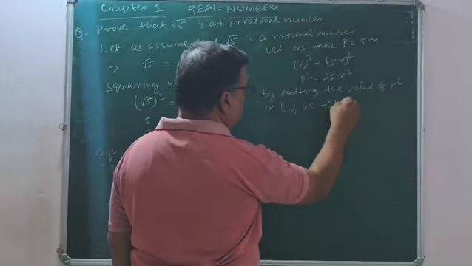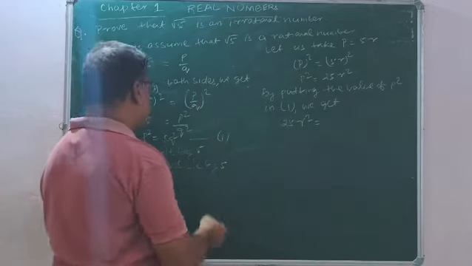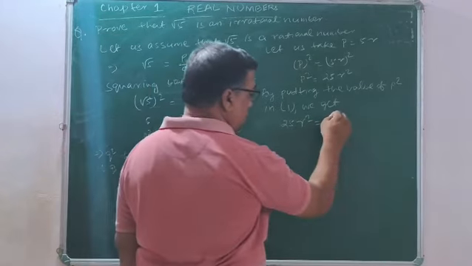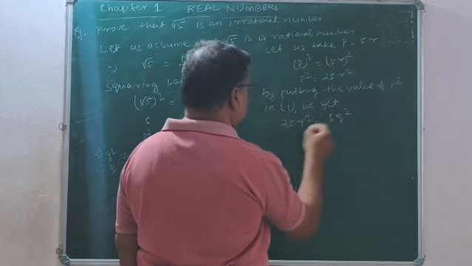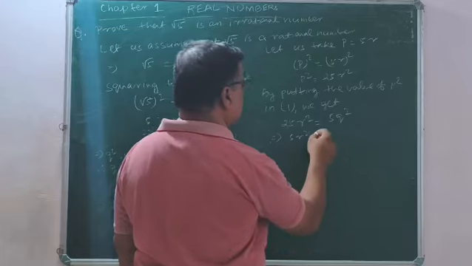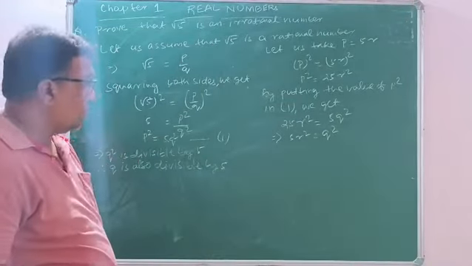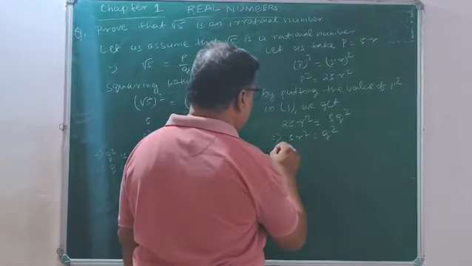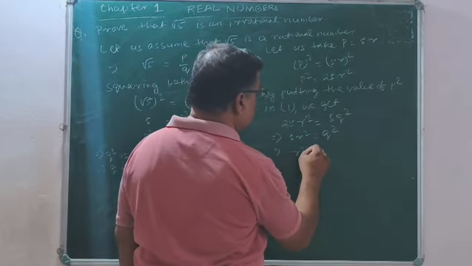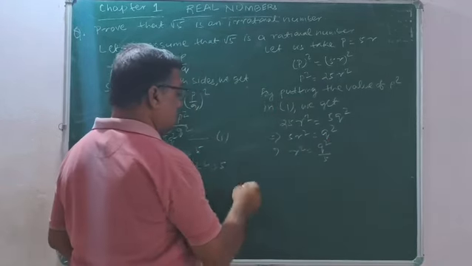we get 25r squared equal to 5q squared. That implies 5r squared equals q squared, or r squared equals q squared by 5.